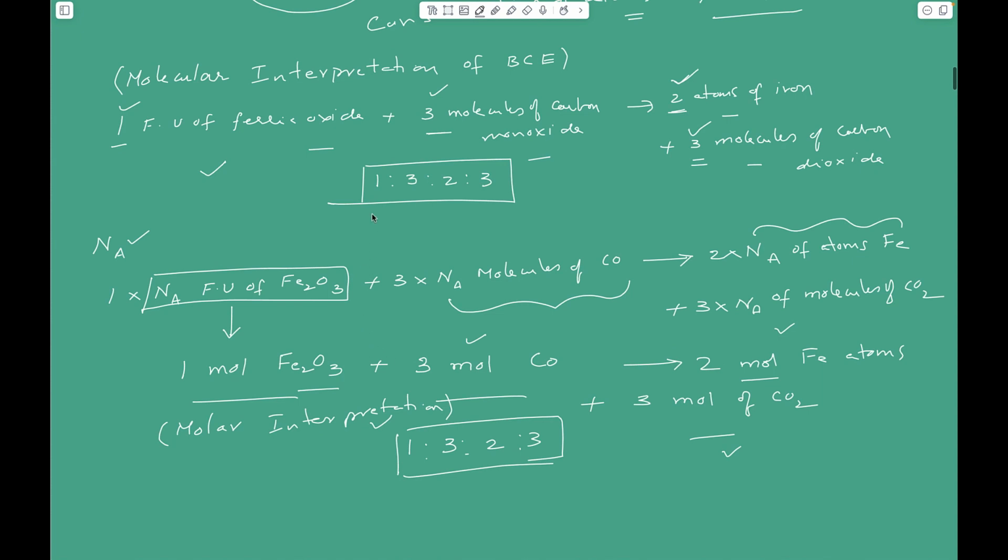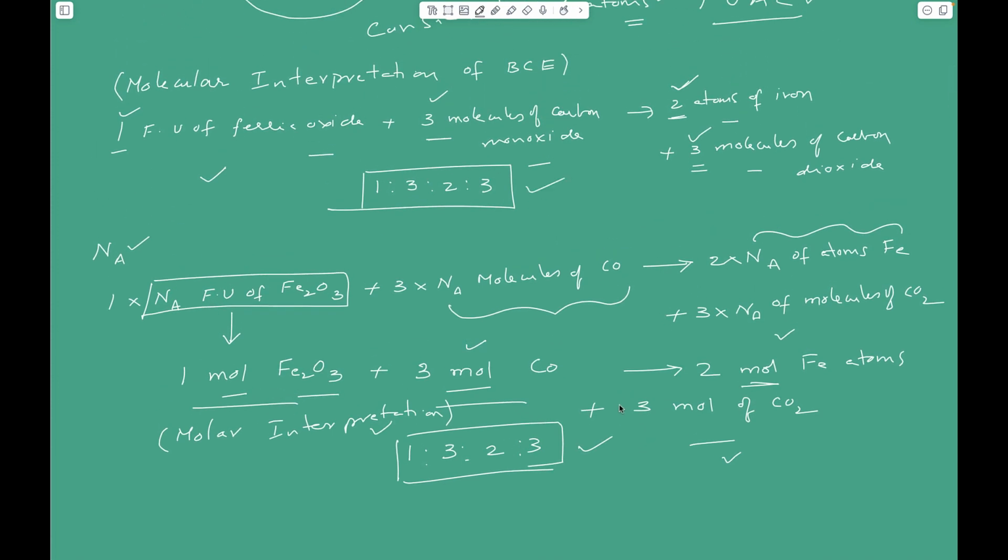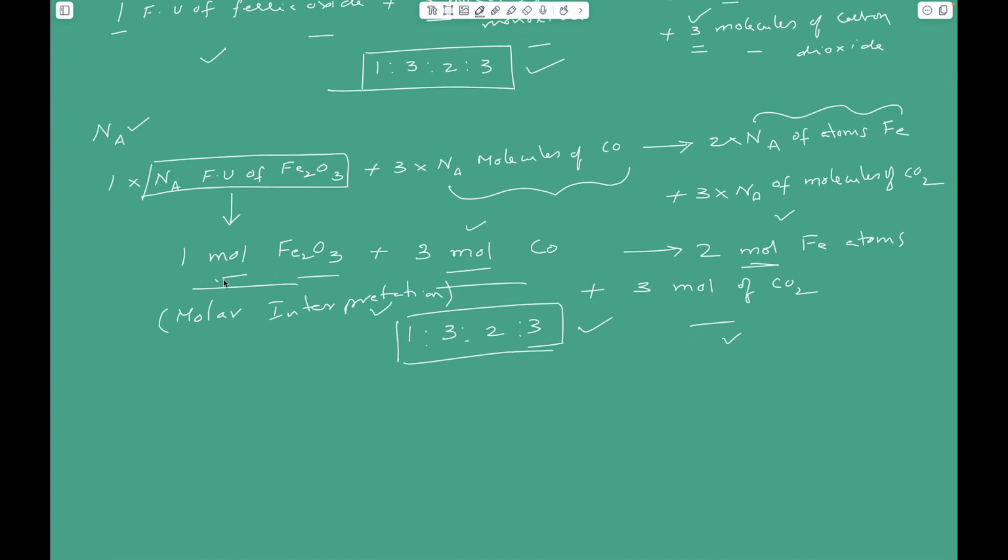Okay, so these stoichiometric coefficients not only give the relation between the number of chemical units of various substances involved in the reaction, they also give a relation between the number of moles of various substances involved in that chemical reaction, and they are the same, right? Once I know the relationship between the number of moles, I can figure out the relationship between their masses, right?